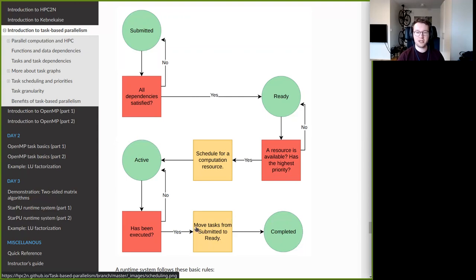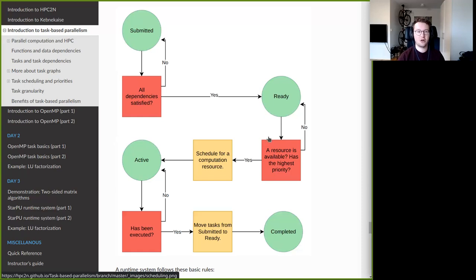And this is also the point where, at least StarPU, will investigate what the output data are, what are the output variables coming from this task that finished executing, and it will update the state of all the tasks that depend on it, and possibly move them from the submitted pool into the ready pool, ready for scheduling. So this is what is basically happening: each task has a list of output data, and it's going to scan the list and then update all the tasks in the submitted pool that use that particular output data as their input.